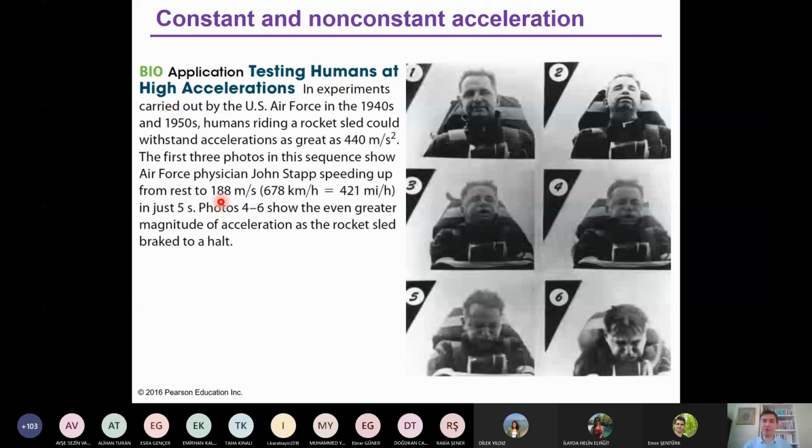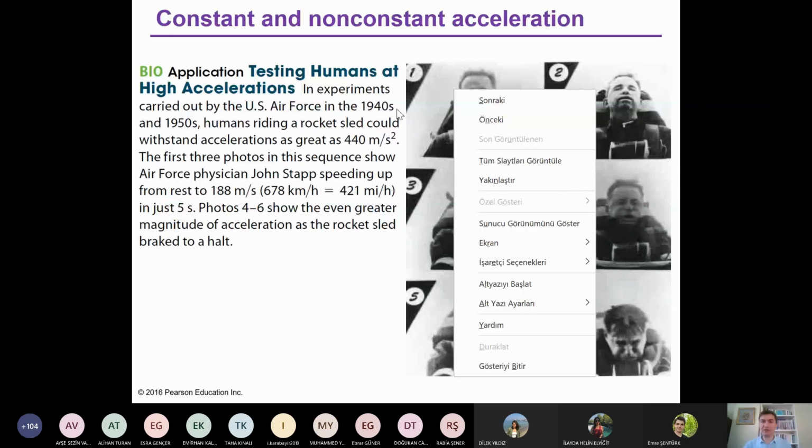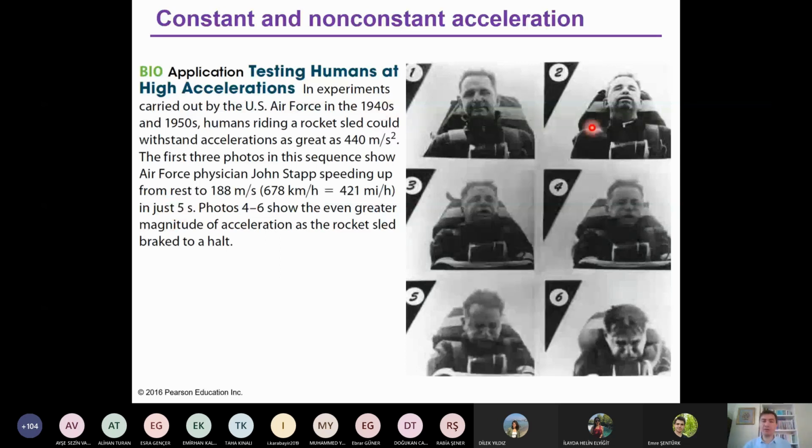So in terms of kilometer per hour, you can see here 678 kilometer per hour. Huge velocity within 5 seconds, okay? So then there is a huge acceleration. They investigated the effects of this high acceleration on the metabolism of this test pilot.